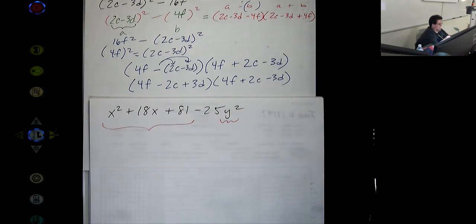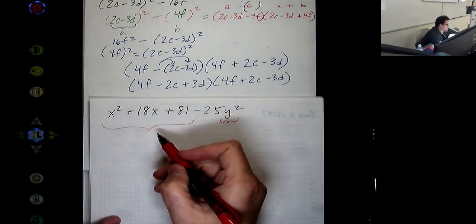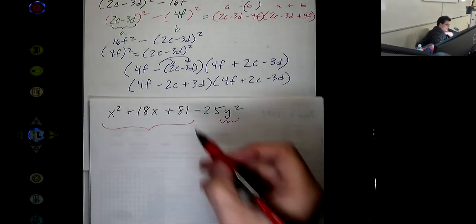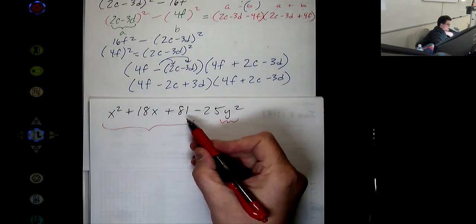Can I factor this? 81 made this pretty easy. How many combinations of 81 do you know?